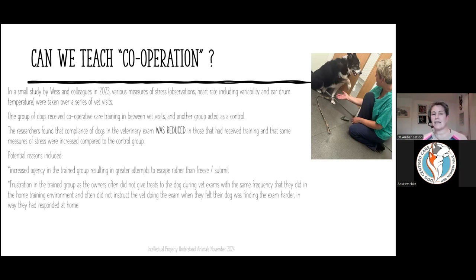So they didn't step in and say, okay, let's give a signal, let's give a treat. They just let the exam go on ahead as if they hadn't done the cooperative care training in the background. And of course, that might happen if we ourselves, as the clinicians, aren't open to having the caregiver more actively involved, having the caregiver give a signal and perhaps give them the treats.